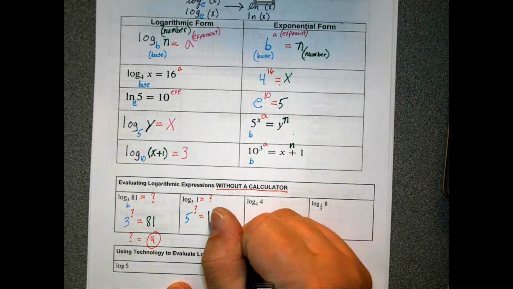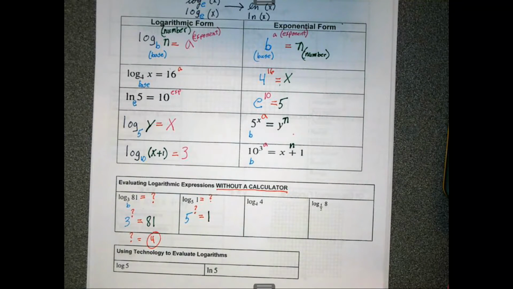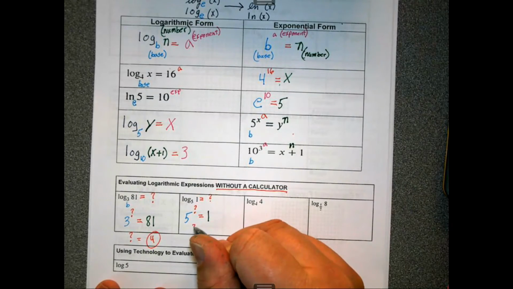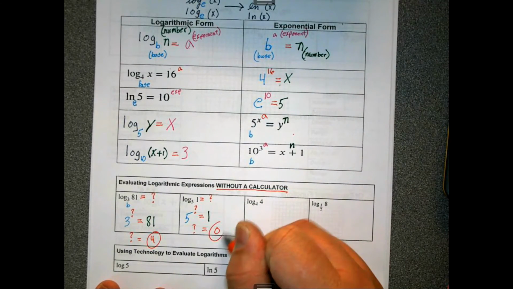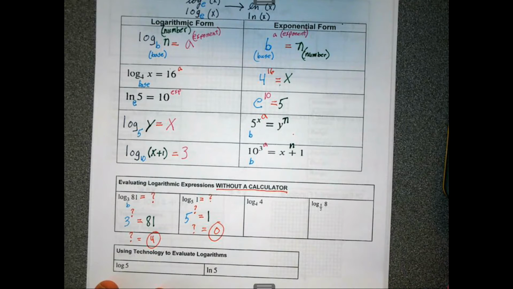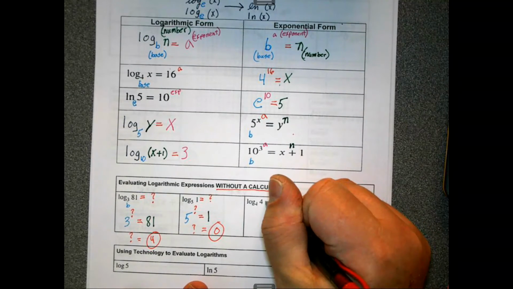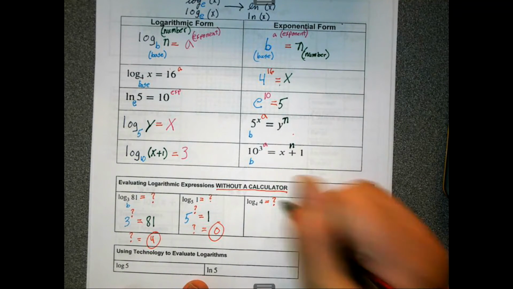I guess, 0. Who said 0? Keith? Yeah, any number raised to the 0 power is 1. So it's got to be 0. Well, that was pretty easy.